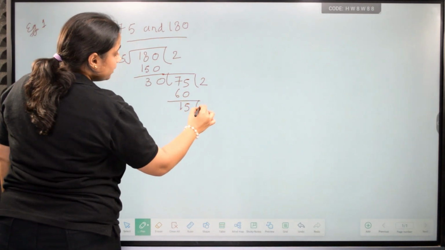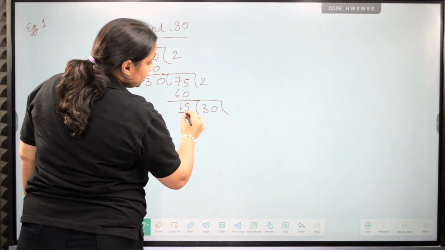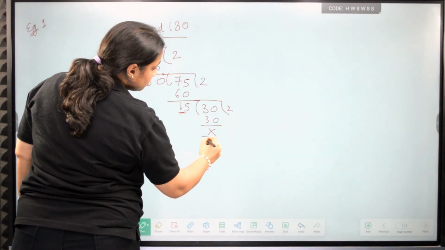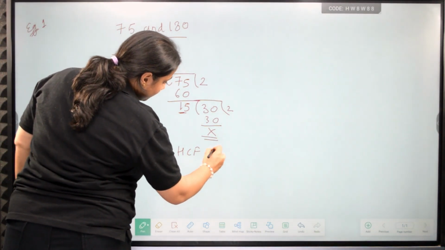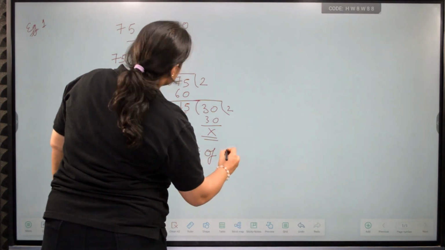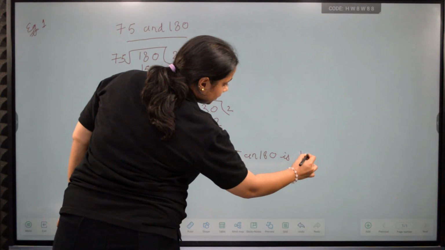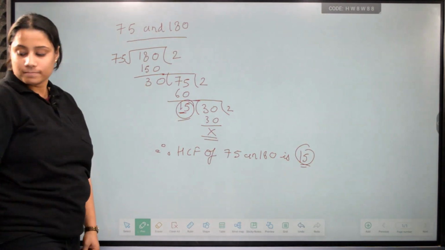Now divide 30 by 15. It will become 15 into 2 is 30. Therefore, we can say that the HCF of 75 and 180 is 15. So this is the final HCF.